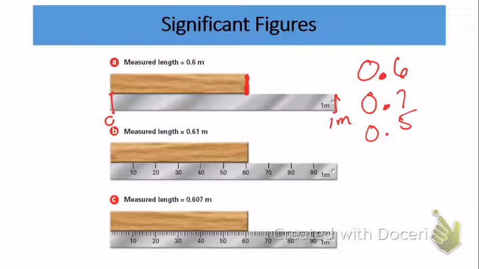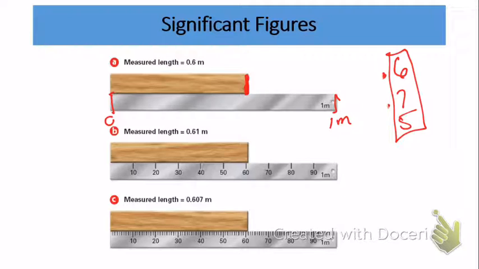But the point is that this last digit here, we're not going to necessarily agree on. It's estimated, all right? So we don't really have any certain digits in this particular measurement due to the limitations of this meter stick, all right? So this is not the best instrument to use.